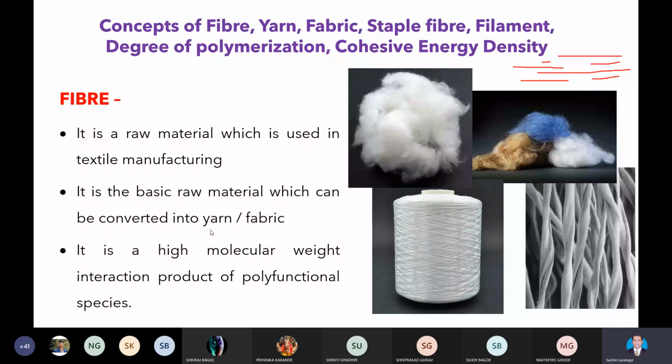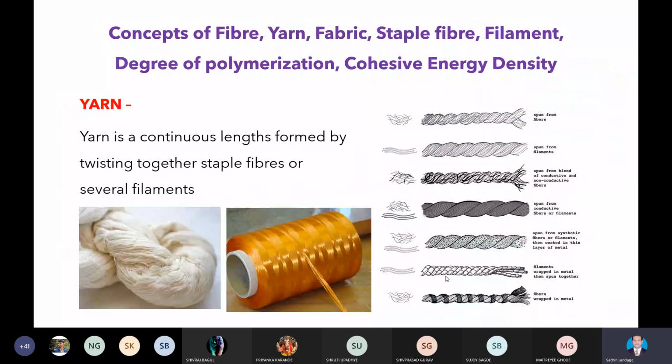Now we are concentrating on the yarn. And yarn we can have from the short staple fiber or from the filament. Whatever the yarn is, it is a continuous length formed by twisting together staple fibers or several filaments.